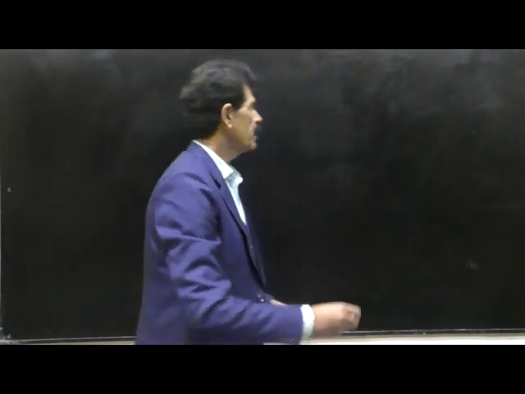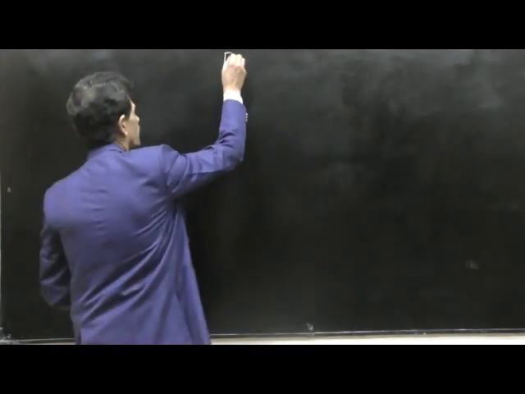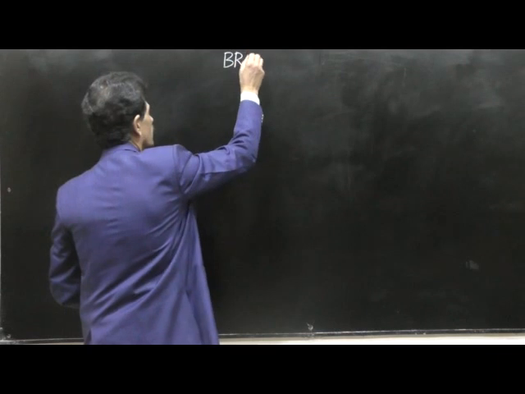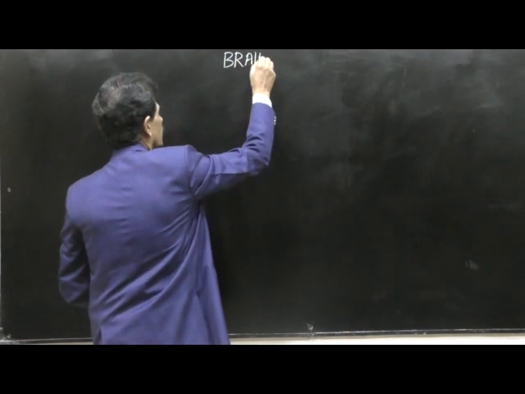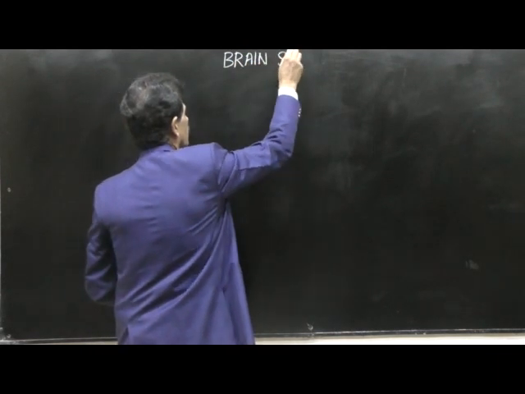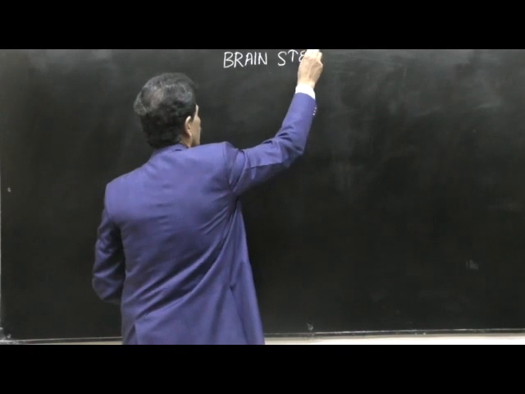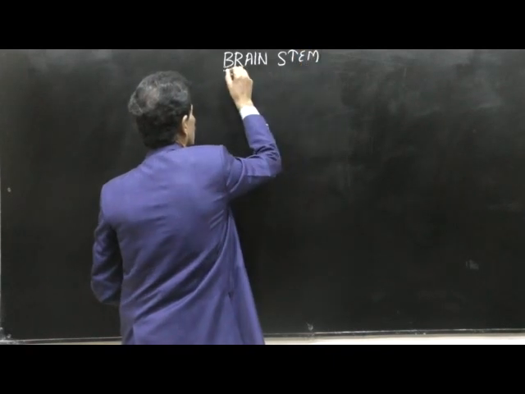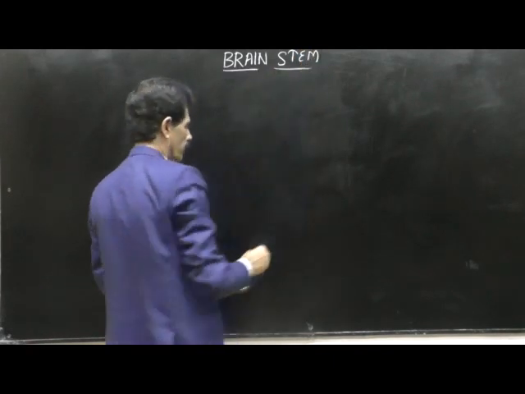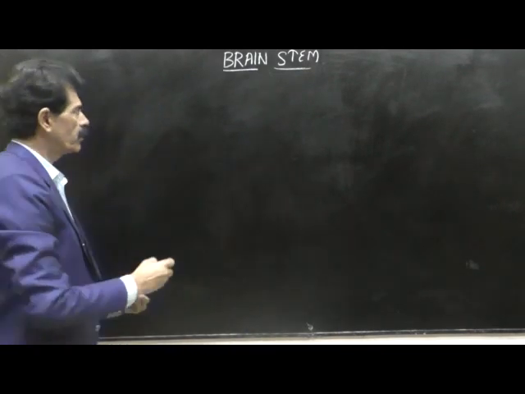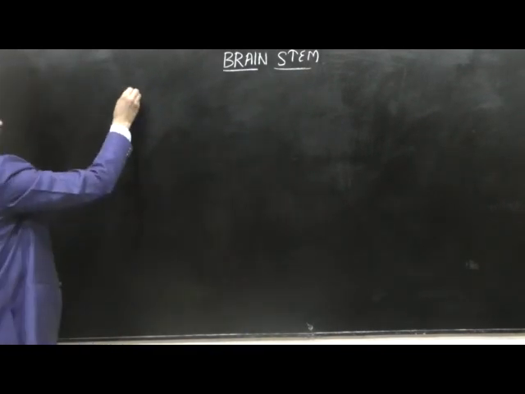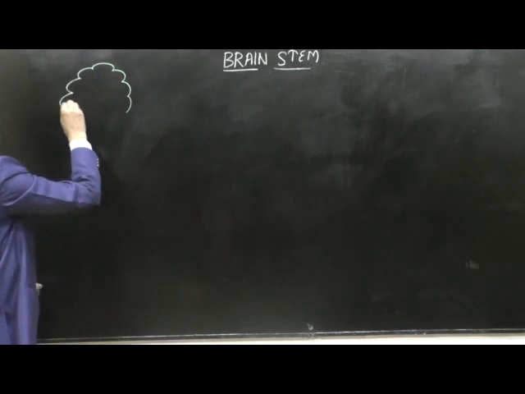Today we will do the brain stem. Brain stem is the word we use because the brain looks like a tree.